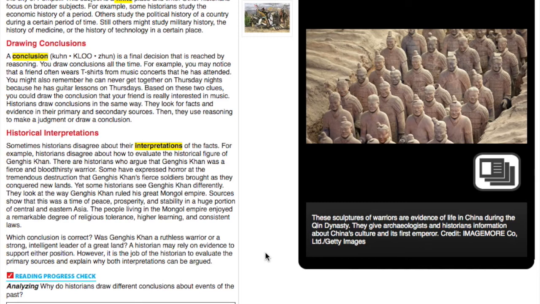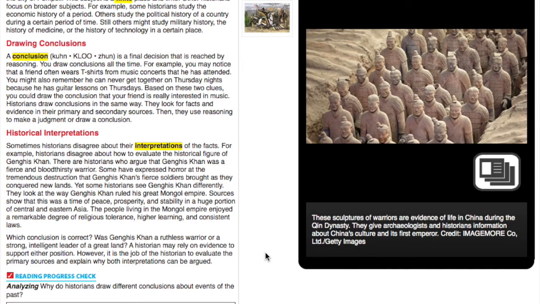Yet some historians see Genghis Khan differently. They look at the way Genghis Khan ruled his great Mongol Empire. Sources show that this was a time of peace, prosperity, and stability in a huge portion of Central and Eastern Asia. The people living in the Mongol Empire enjoyed a remarkable degree of religious tolerance, higher learning, and consistent laws.